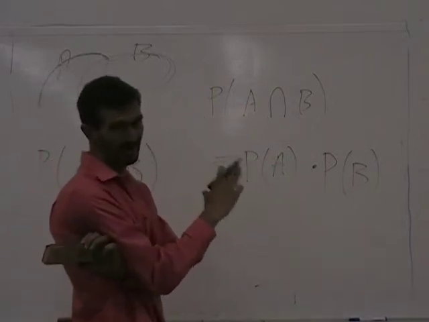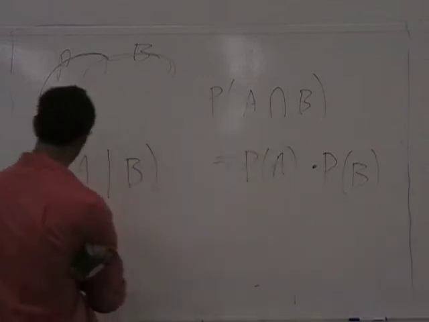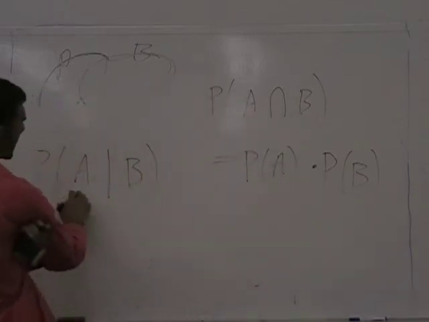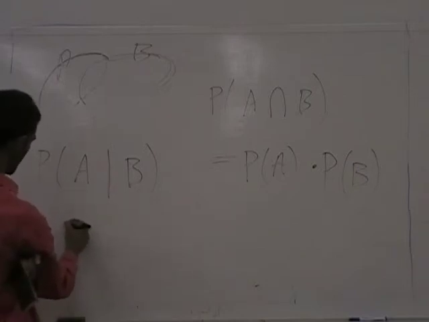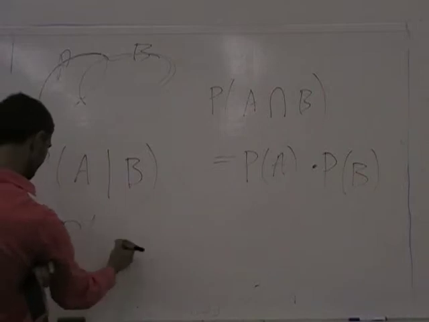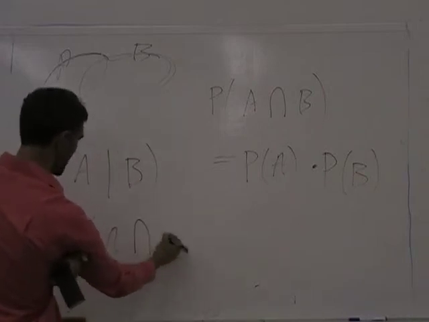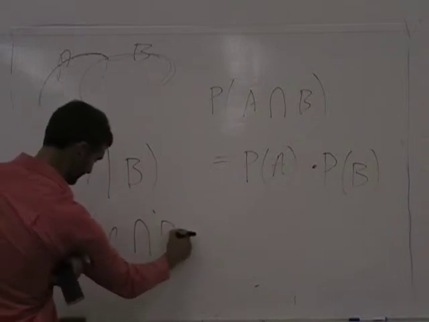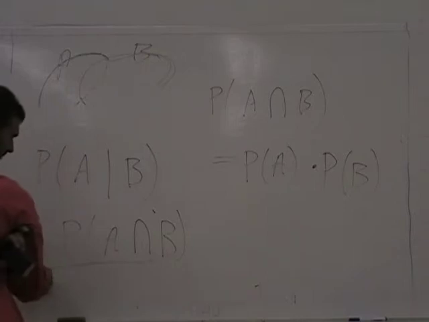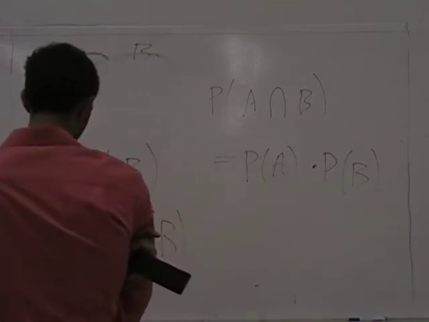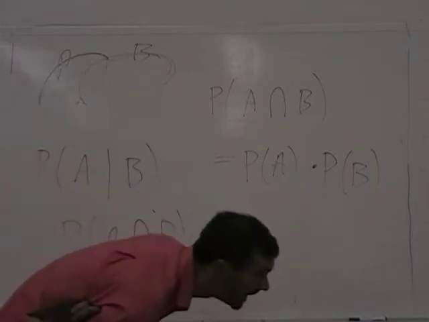So I am going slowly to try and not do something stupid. The probability of A given B is the probability of the intersection divided by the probability of B. I am right.